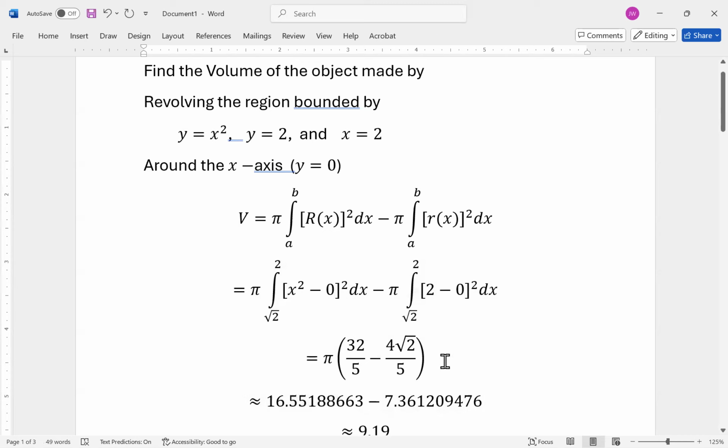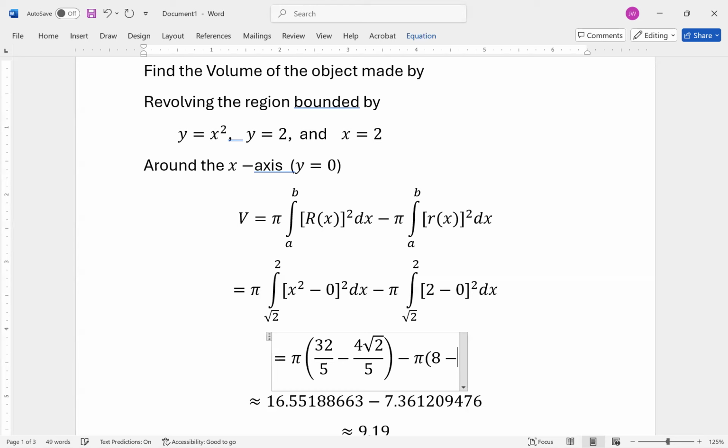And then if you did the second integration, that one's a little bit more straightforward. What you get is pi. When you plug in 2, you're going to get an 8. When you plug in root 2, you're going to get a 4 root 2.